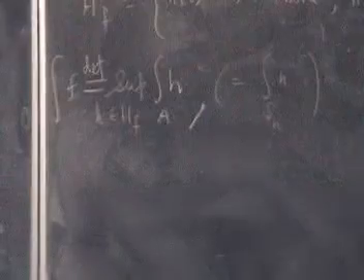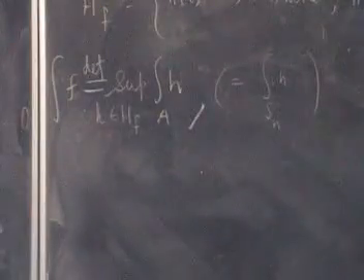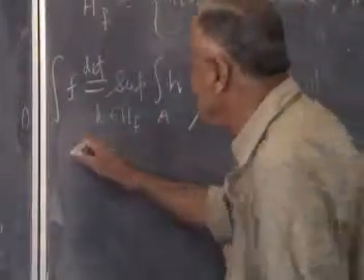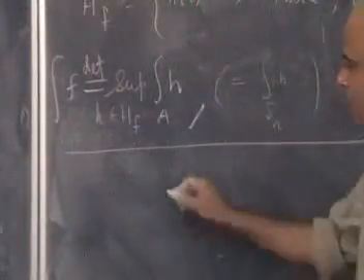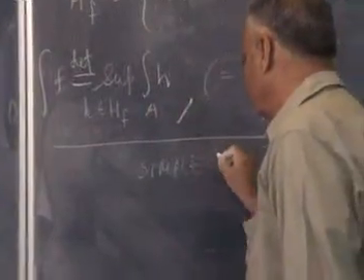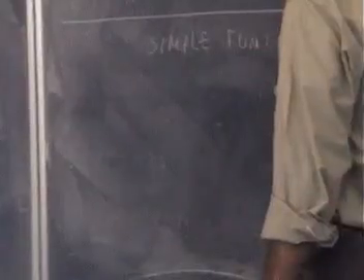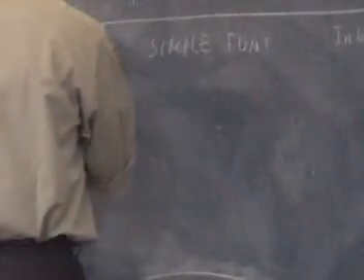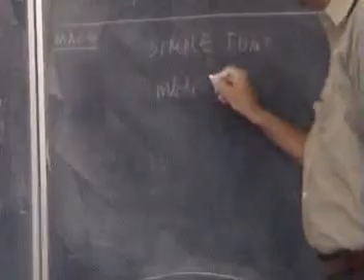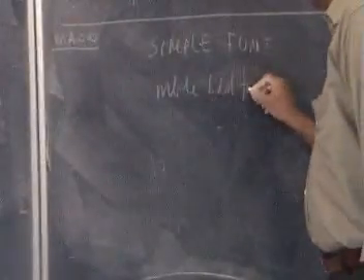Okay. So we have a nice category of functions. So therefore, what do we have? We started with simple functions. We defined the integral. Then we went to measurable bounded functions.